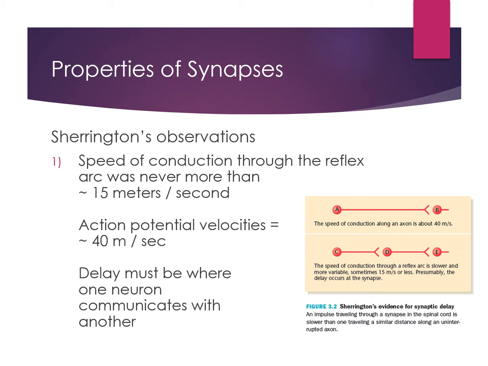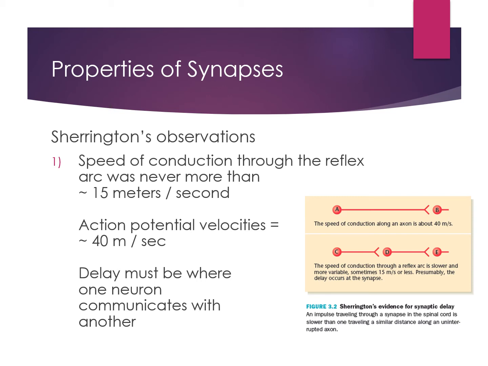The speed of conduction through the reflex arc was never more than about 15 meters per second, whereas action potential velocities are at about 40 meters per second. So he assumed that this delay must be where one neuron is communicating with another neuron. And what's being shown in the picture to the right is the speed of conduction along an axon at about 40 meters per second.